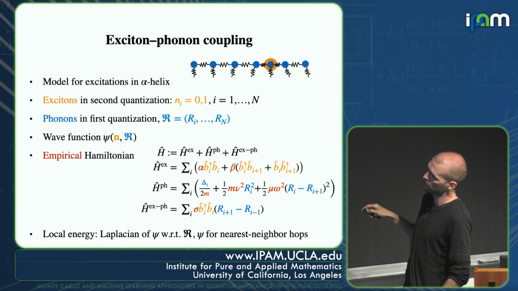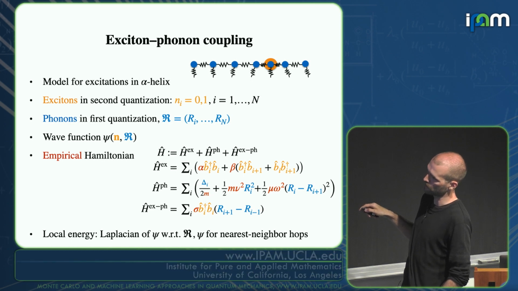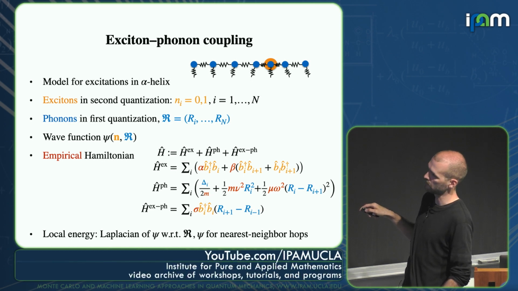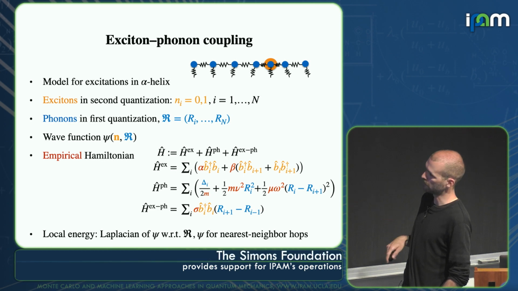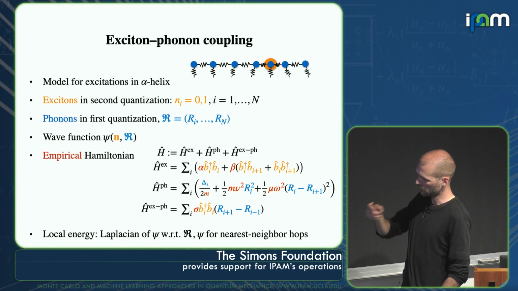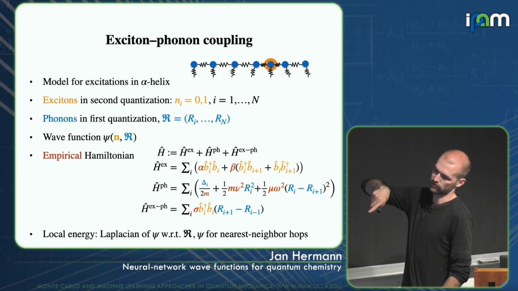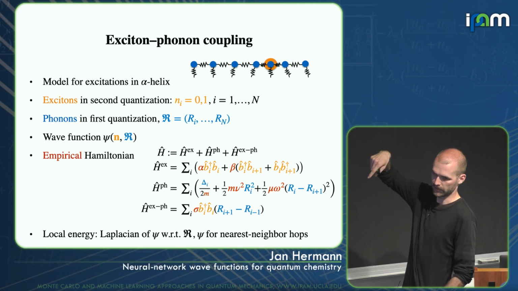What that is, is you can just consider a bunch of harmonic oscillators that are oscillating, the blue guys, connected by interacting via harmonic potential among themselves. And then you have an excitation, essentially, that's running along the chain and interacting with these vibrations. And this is a good model for excitons, for electronic excitations that are running around alpha helices.